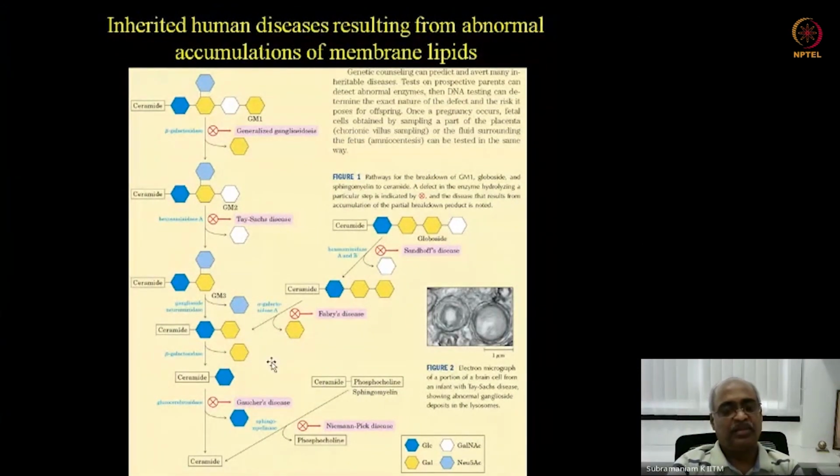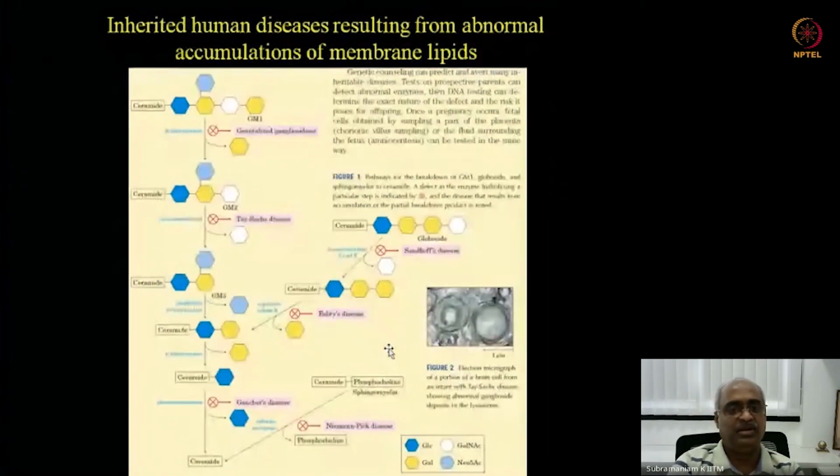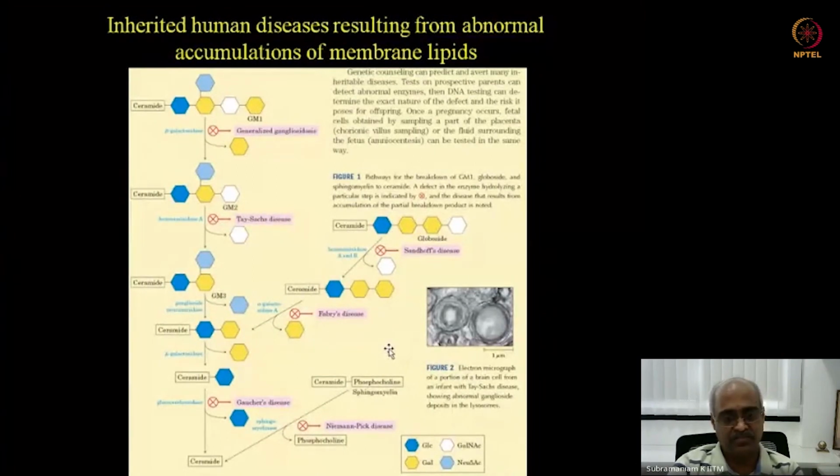And if someone in a family is known to have this disease, then you can diagnose it in the offspring by taking amniotic fluid, the fluid that cushions the developing embryo, and look for whether that mutation is there or not. The cells present there, one can culture and find out whether that mutation is there. Then accordingly you can counsel them, a process called genetic counseling.